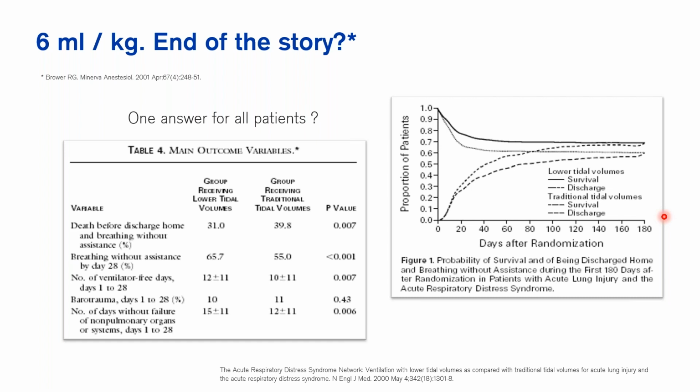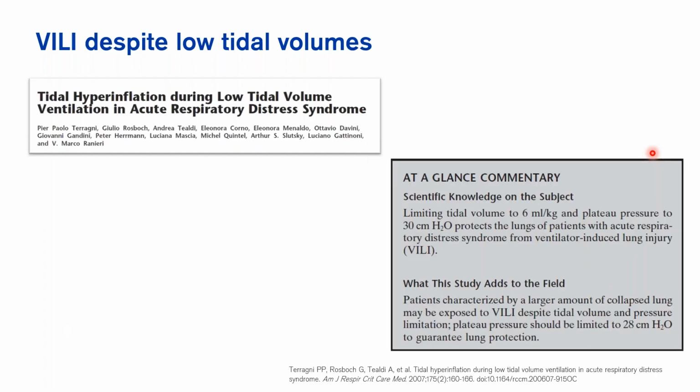So we can see here, for example, that for the lower tidal volume and the traditional tidal volume, the days after randomization are kind of going towards the same pattern. So we really need to consider a personalized approach, especially in the condition of severe ARDS.